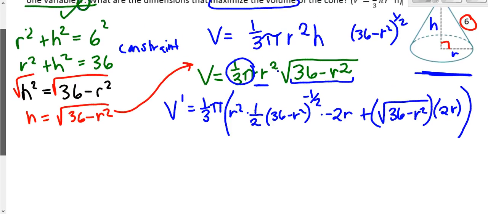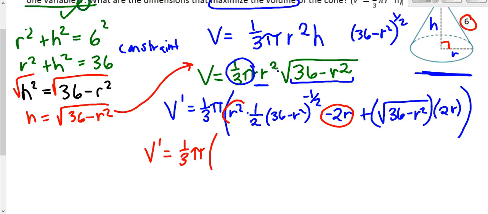So let's do that. Let's take this, V prime is equal to, let's leave the 1/3 pi out front because it's still just a number. And let's rewrite this. We're going to have negative 2r times r squared on top. So that's negative 2r cubed over 1/2.